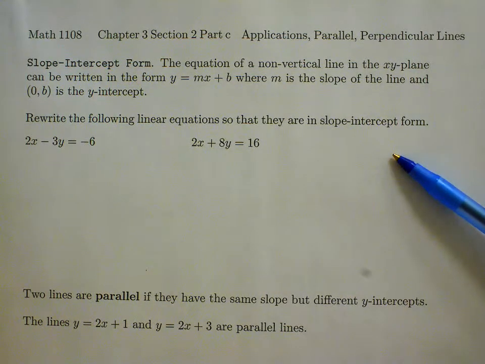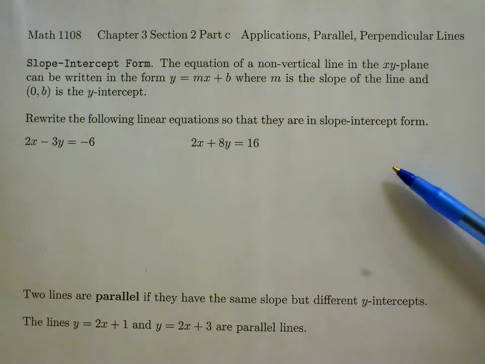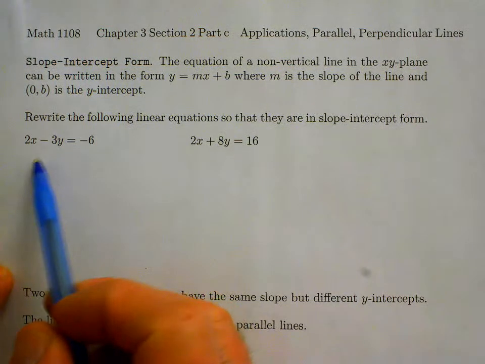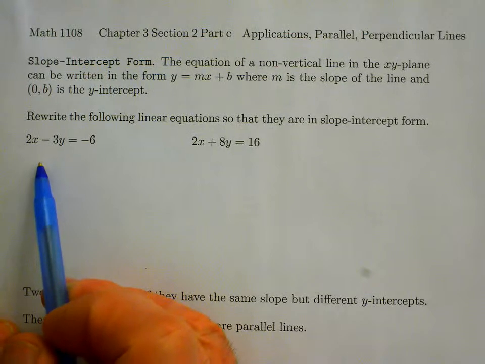Okay, so we will rewrite the following linear equations so that they are in slope-intercept form. All we have to do is solve for y, starting with 2x minus 3y equals negative 6.